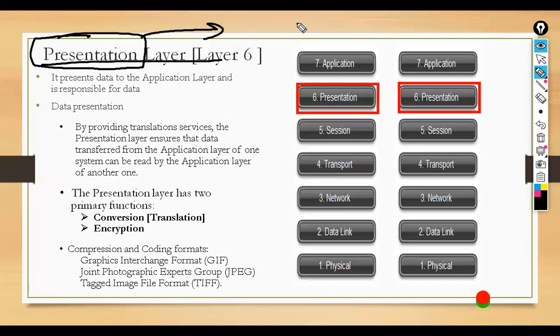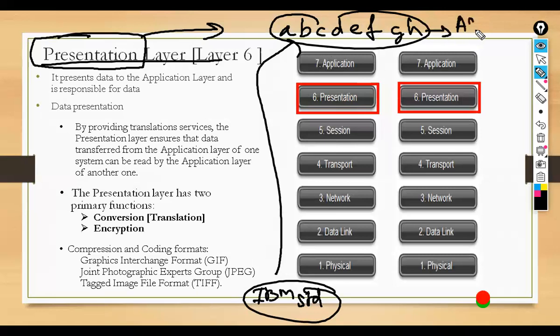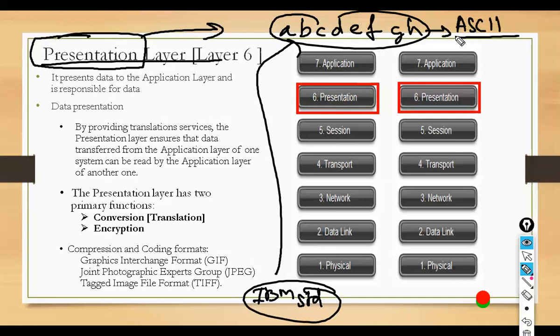Suppose the alphabets A, B, C, D, E, F, G, H. For some computers which are in IBM standard, these alphabets are represented using a code called ASCII code. You might have heard, might not have heard. ASCII means American Standard Code for Information Interchange. Just certain numbers.